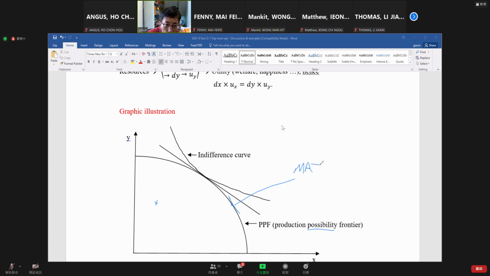Basically, marginal rate of substitution in the technical sense. And then what's the top level optimum? The top level optimum tells us the subjective marginal rate of substitution for the consumers at this point must be the same as the marginal rate of transformation at this point.